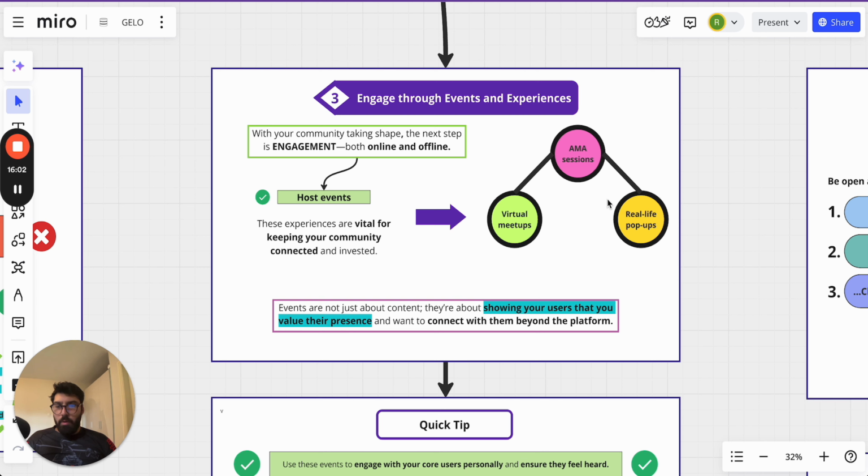It's not just about content. They're about showing the users that you value their presence and that you want to connect with them beyond just the platform, right? Showing them that you're really trying to do something for them, something they can engage with. The focus should be on them, not the actual event.